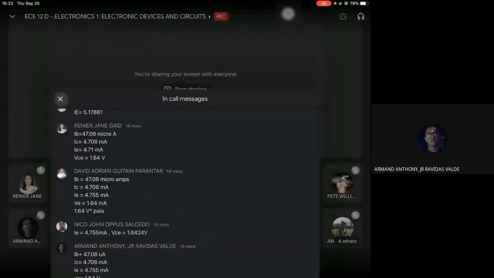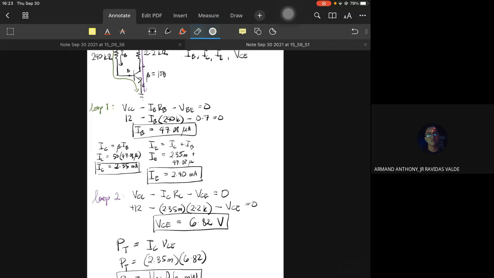Si IC from 2.35 na imong 4.7 and si IE is 4.71. So marg na times 2 mabud no? Almost times 2 pod ang IC ug IE. Okay? Si VCE is 1.64. Nigamay? Nigamay, no?